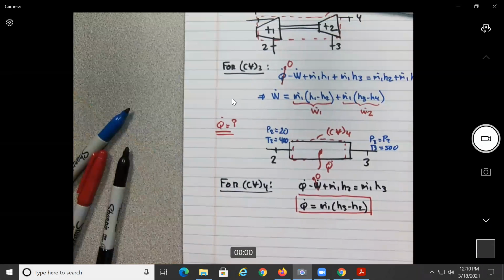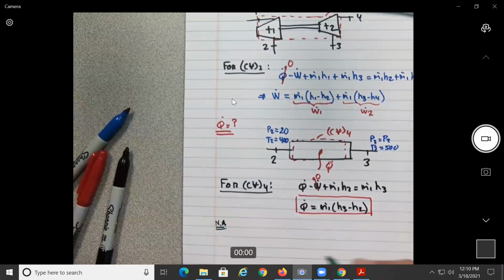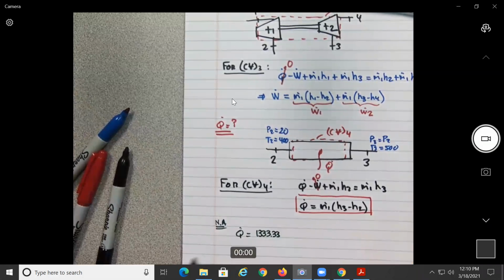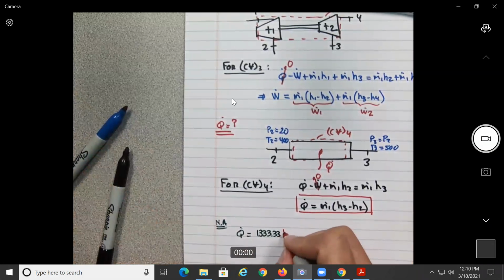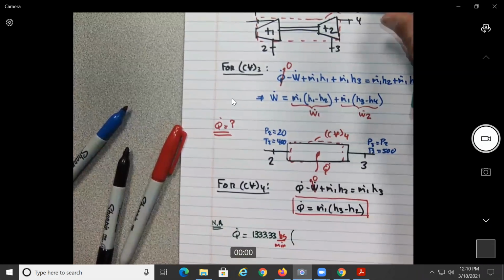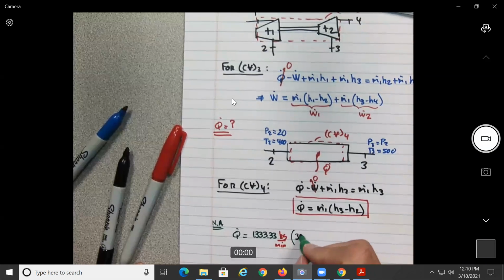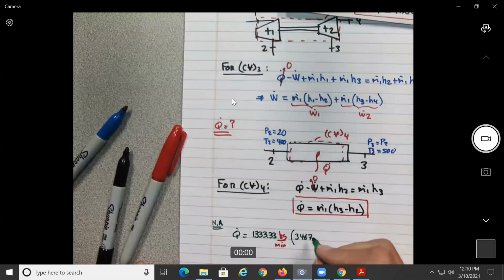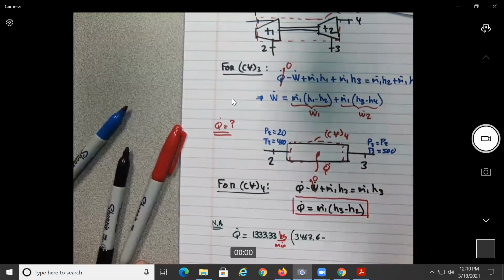So again, it's the same numerical application. Q will be equal to 1333.33 kilograms per minute. I mean, it's the same thing as the other one. Let's see what we had for H3. What was H3? 3,467.6 minus H2.